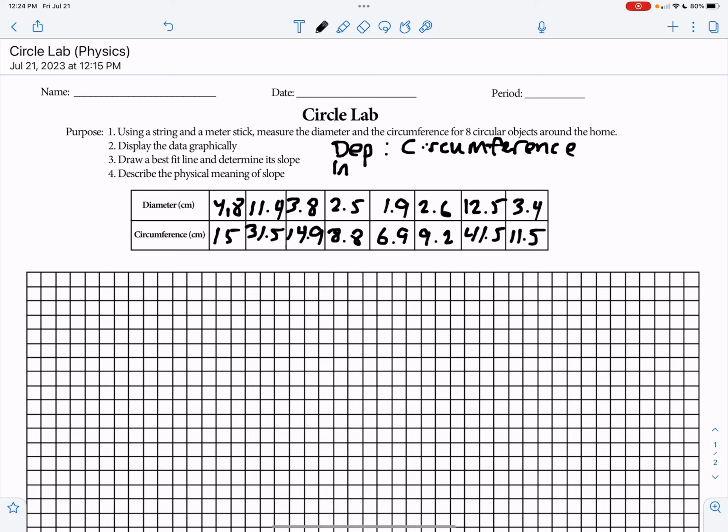That means the independent variable would be diameter. Okay, both of them in centimeters. So my title would be circumference versus diameter.